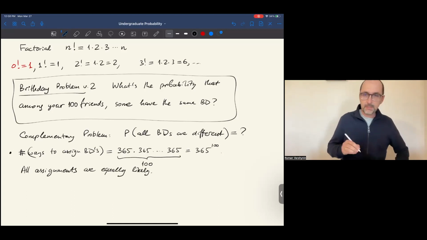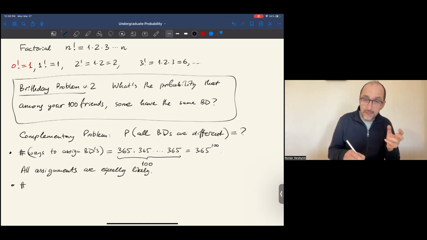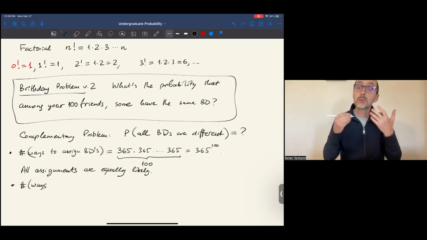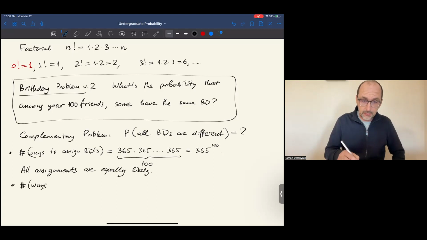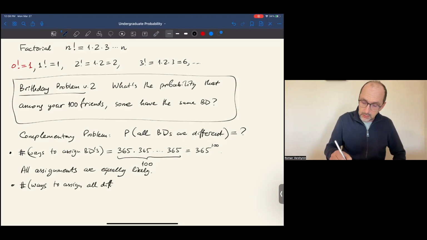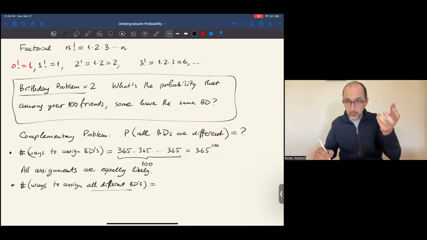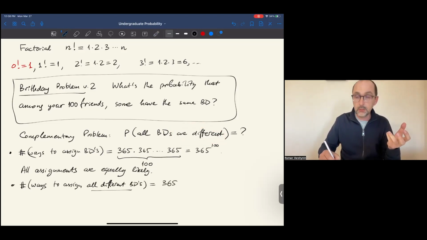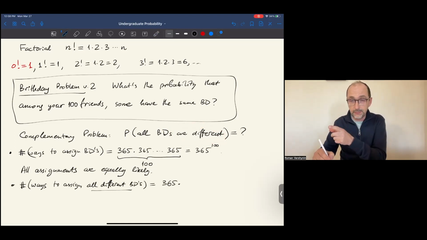There is this many possible assignments, but what is the number of valid assignments? The number of ways to assign birthdays that we care about: all different birthdays. So look at friend one. How many ways are there to assign a birthday to friend one? Well, still 365. Now look at your friend two. How many ways are there to assign a birthday to friend two?